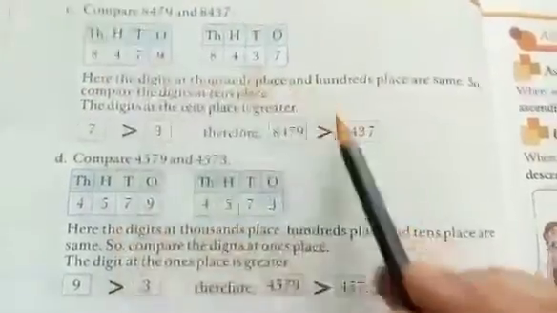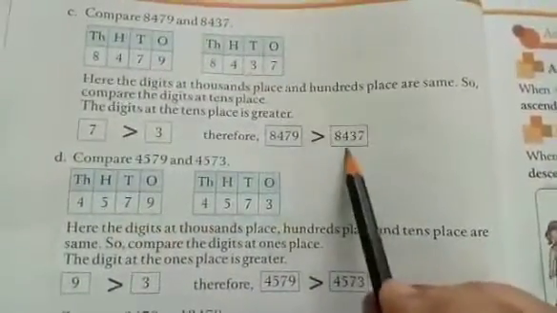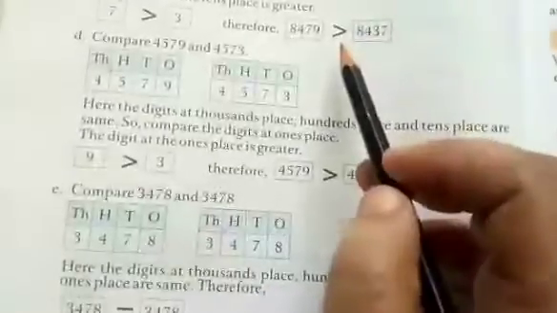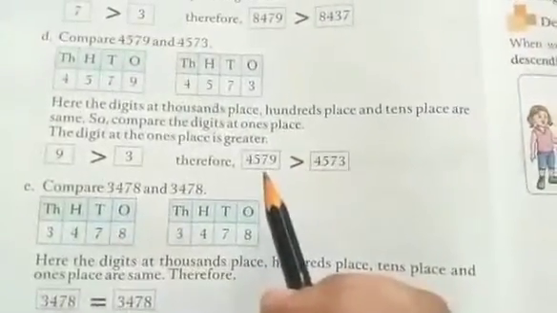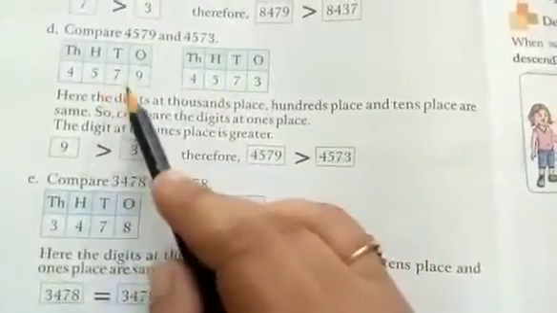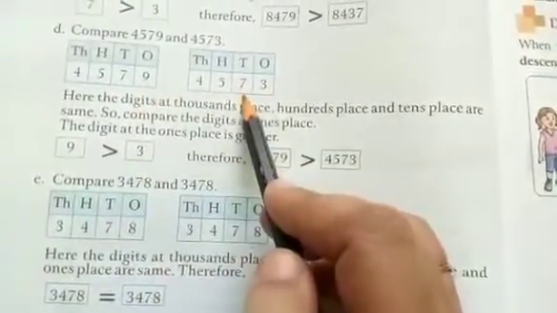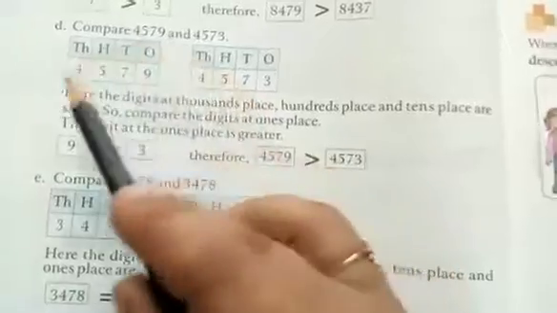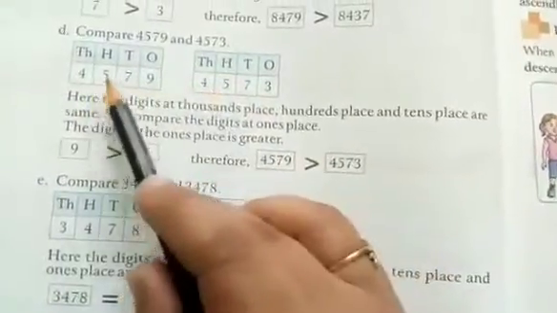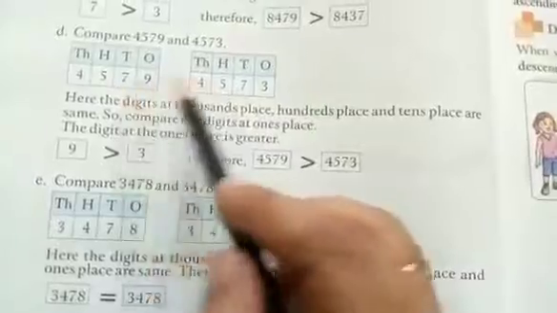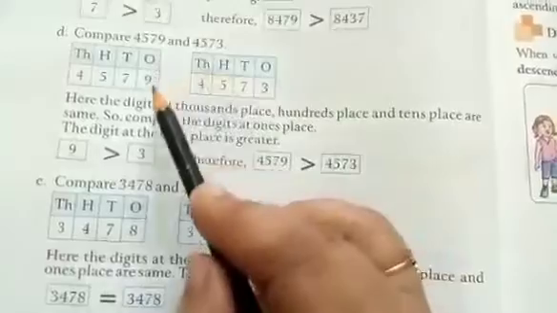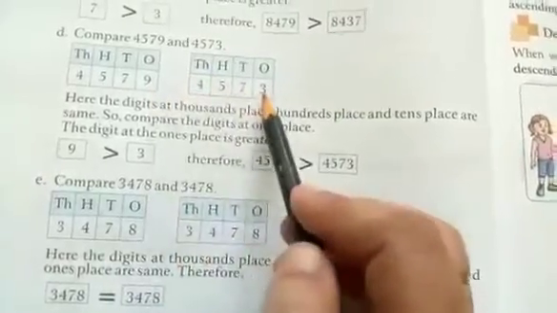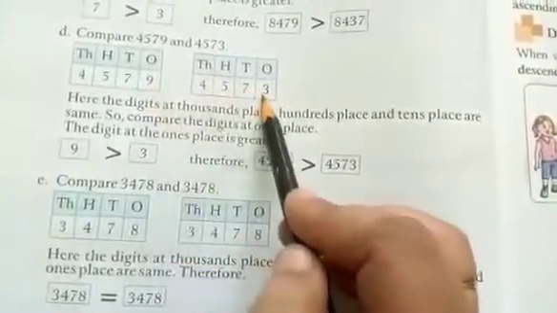So 8479 is bigger than 8437. And if the tens are also the same, then what do we have to do? If thousands are also the same, hundreds position is also the same, tens position is also the same, then only the ones are remaining, so you have to compare those digits.